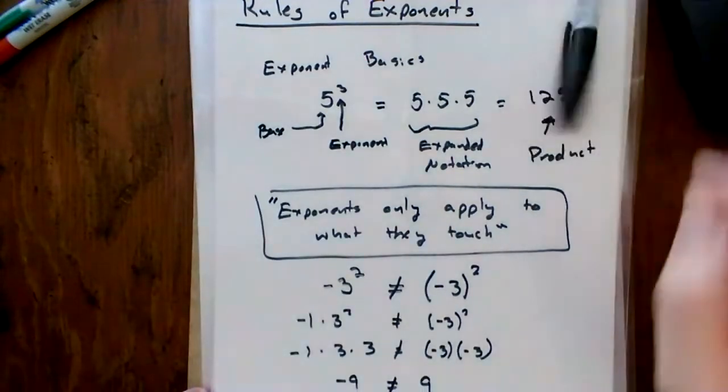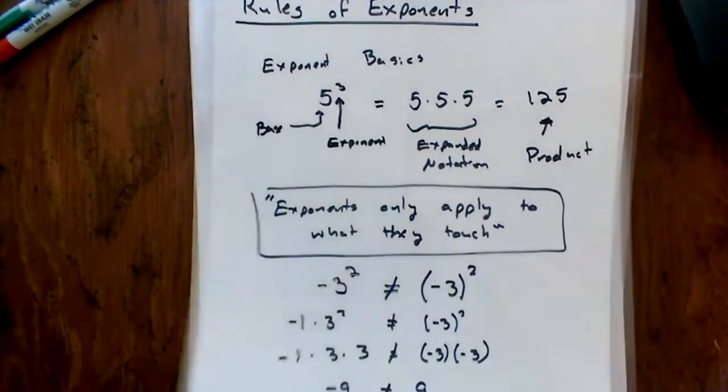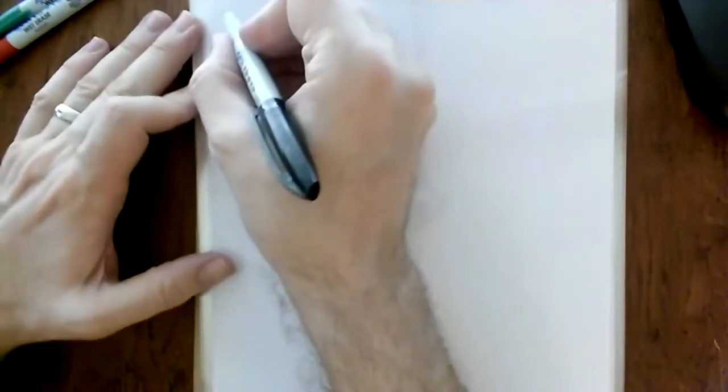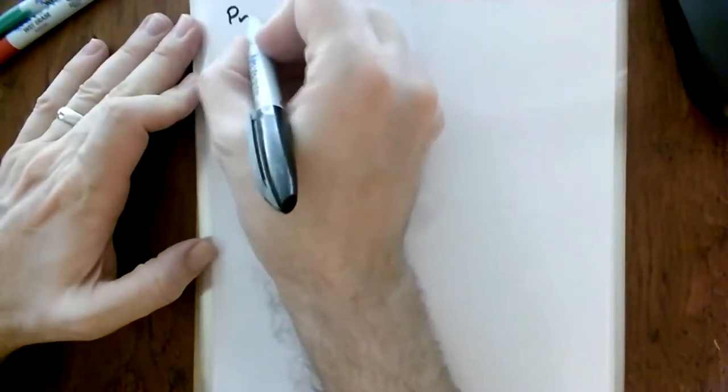Okay, enough with our basics, and let's move on to some of our rules of exponents. The first one we always are going to want to go over is what we call the product rule.